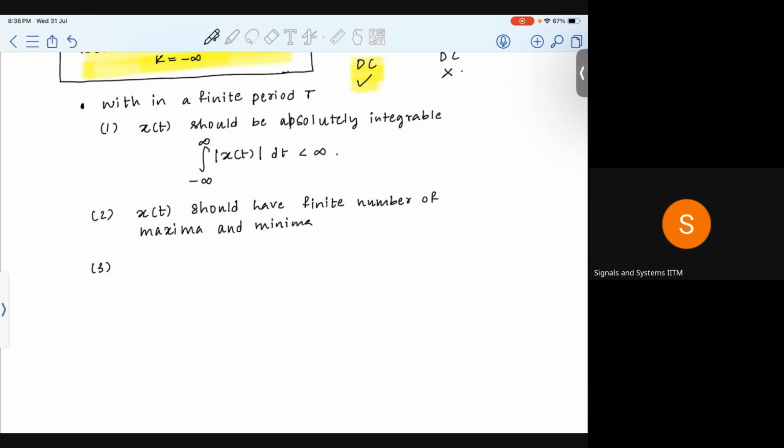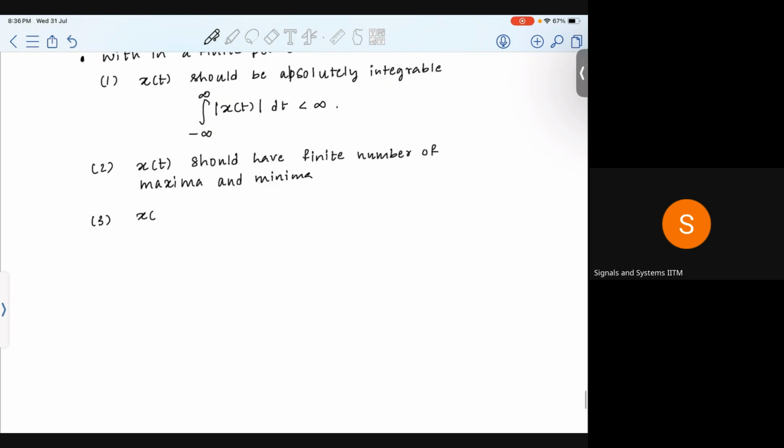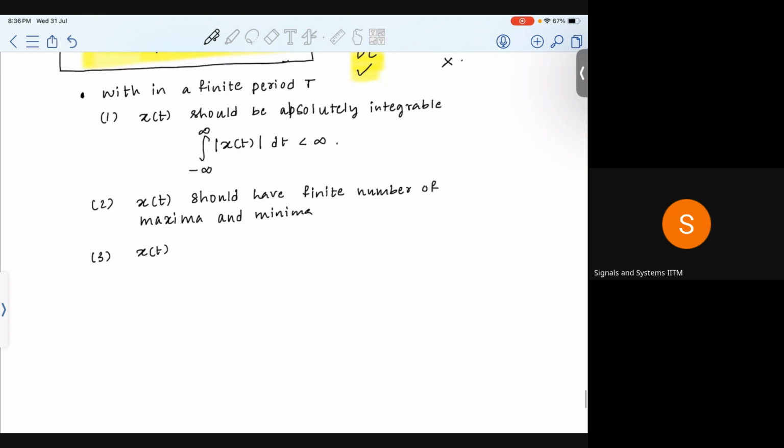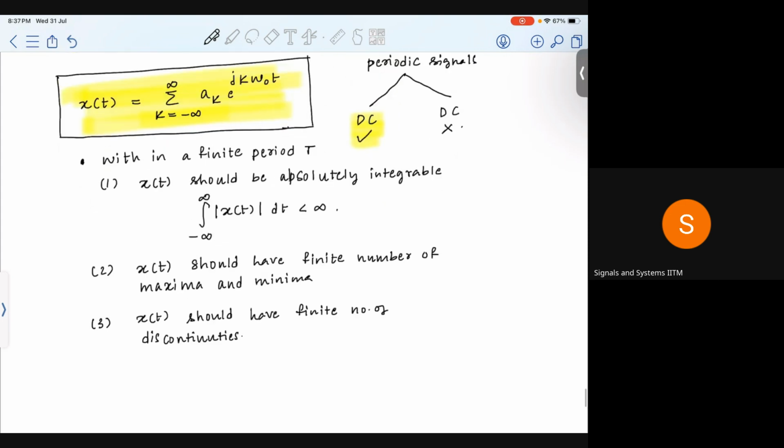And the third condition states x of t within a period T should have a finite number of discontinuities. Okay, so these are the three conditions.